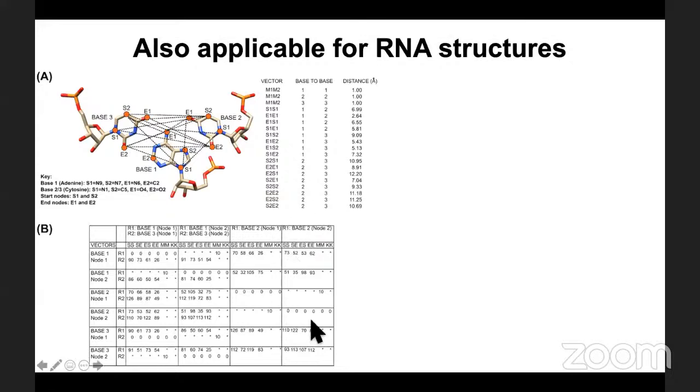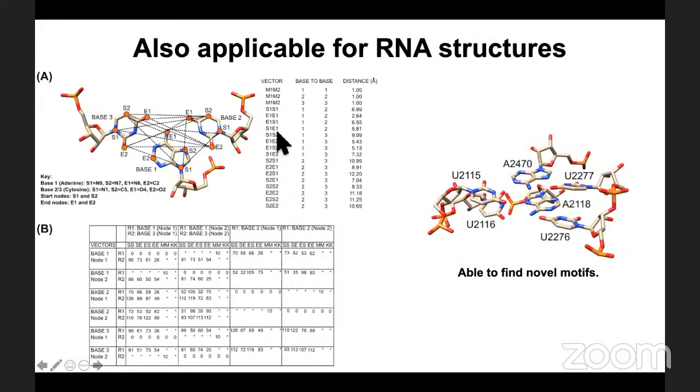And yes, we found that we could carry out a similar search using a pseudoatom representation of this for RNA. And in doing so, we were able to find novel motifs that have not been reported in literature. And in this particular one, although it may not be obvious to you here, what you've got is a UAU and the exact same UAU stacked on top of each other.